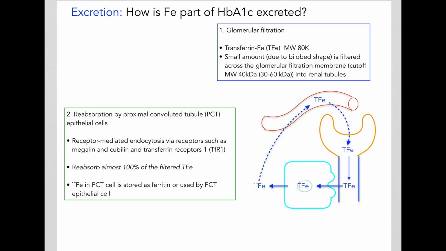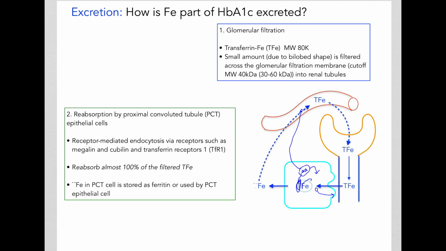Now, in the PCT cell, the transferrin part, the protein part, is broken down into amino acids. The receptors are recycled, they go back to the plasma membrane of the epithelial cell, but the transferrin part is broken down into amino acids, and these amino acids can be used by this cell, or these amino acids can be exported back into the bloodstream, as we discussed earlier.